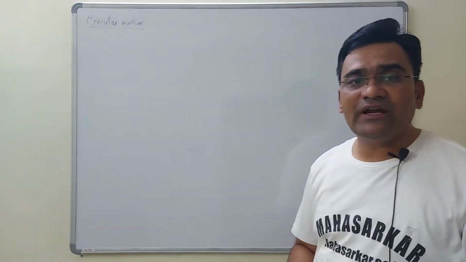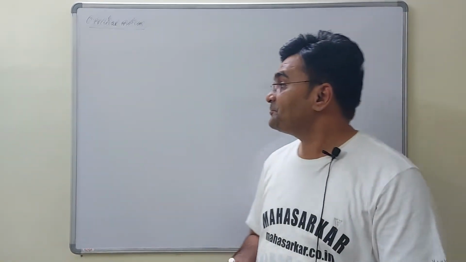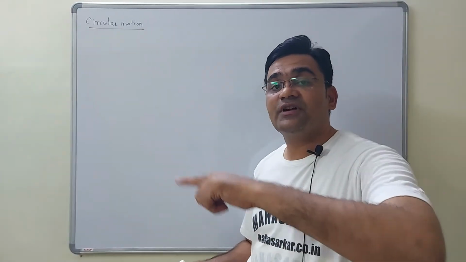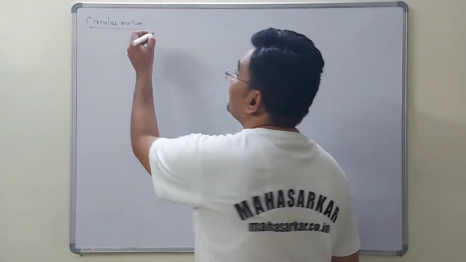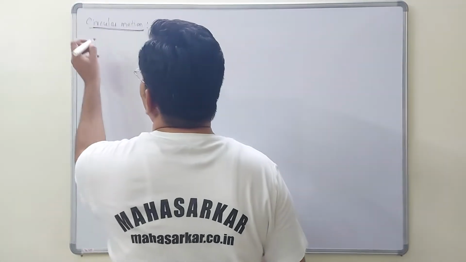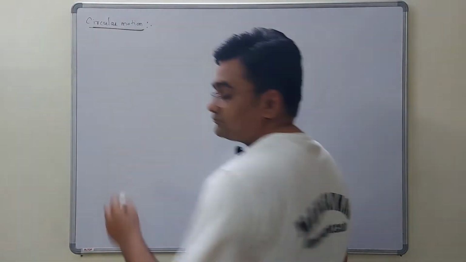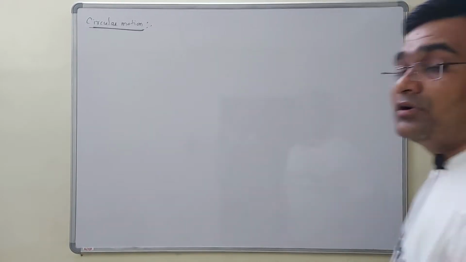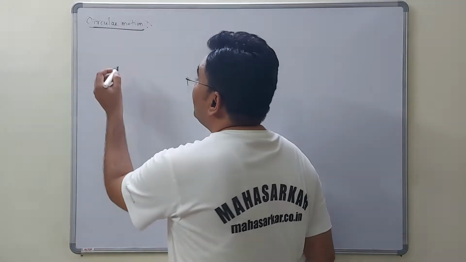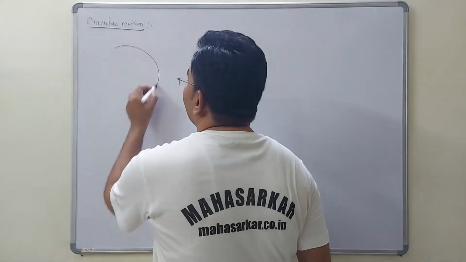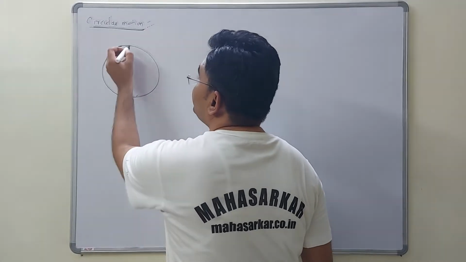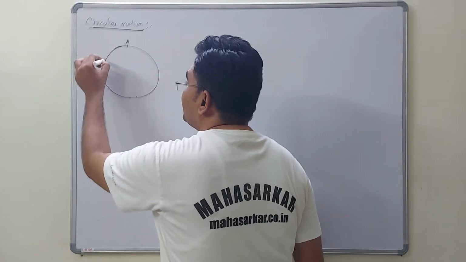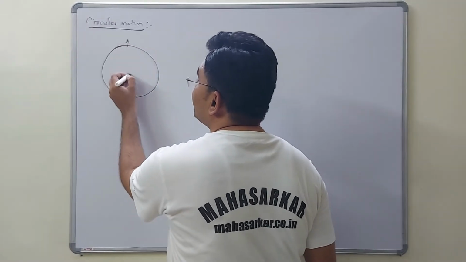Now we all know, from the 9th standard we have learned that if the motion of an object is restricted around the circumference of a circle, then that motion we call circular motion. Suppose we have a circle traced on the ground and students are starting their motion from point A and moving along the circumference of the circle.